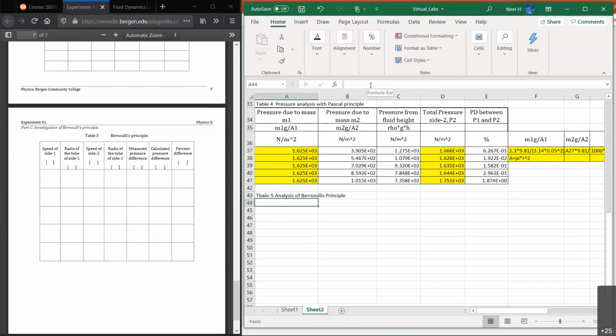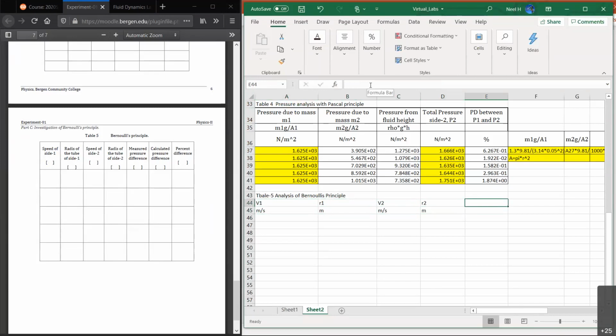Okay, table column 1 is the speed on side 1, so that is V1, with unit meter per second. Column 2 is the radius of tube 1, so that is R1, with unit meters. Then V2 in meters per second, and R2 in meters.